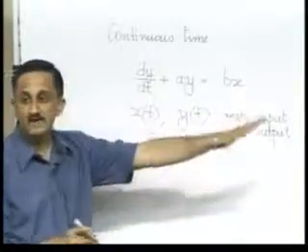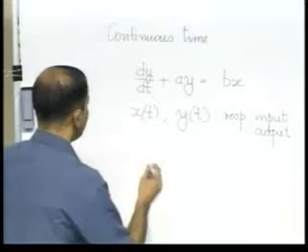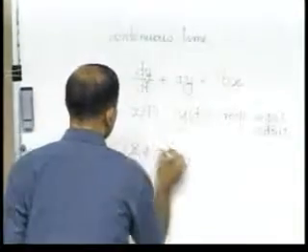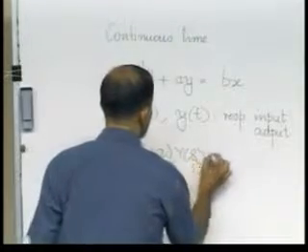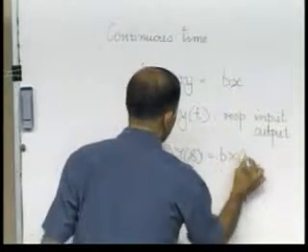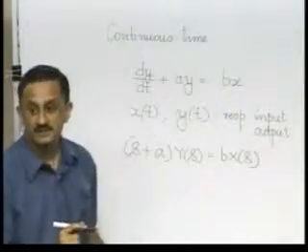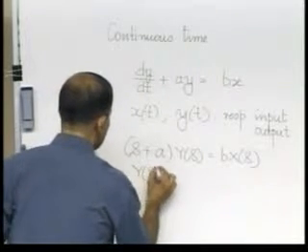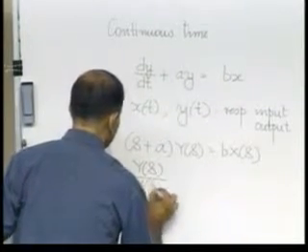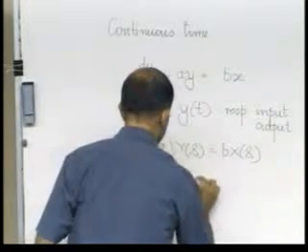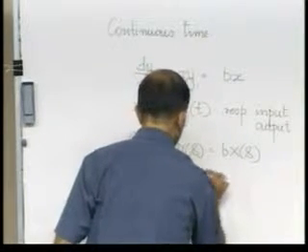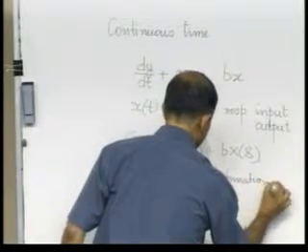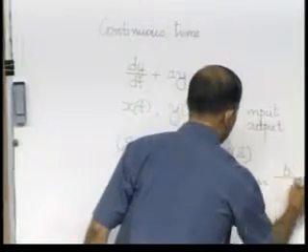Now, if we take the Laplace transform on both sides, we have (s plus a) into Y(s) is b times X(s), assuming that a and b are constants here. So, we have Y(s) by X(s), which is the system function, is b divided by s plus a.